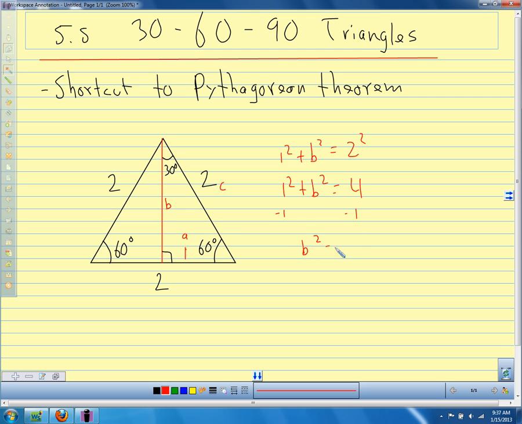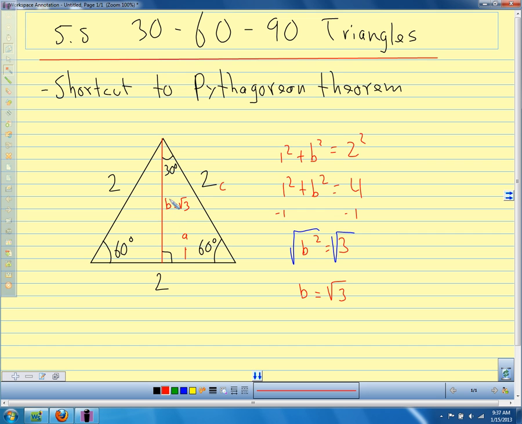So B squared equals 3. Take the square root of both sides to get B by itself. And B equals the square root of 3. So in this 30, 60, 90 triangle, if this side is 1 unit long, this side is 2 units long, and this side is the square root of 3 units long.